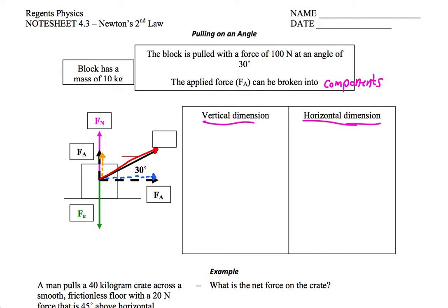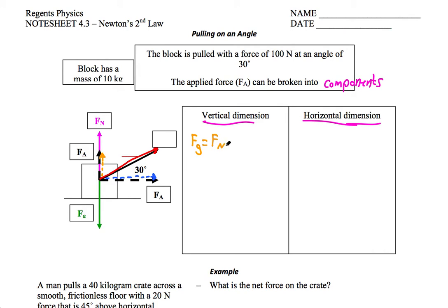So in the vertical, there's a balance going on here. The box is not moving up or down. It's not accelerating up or down. So everything going up must balance out everything going down. The only thing going down is F sub g. So F sub g must be equal to the vertical component of the applied force plus the normal force.